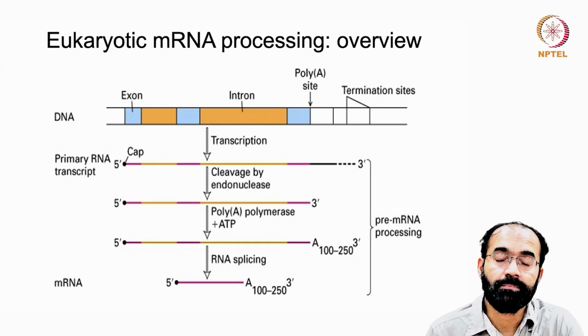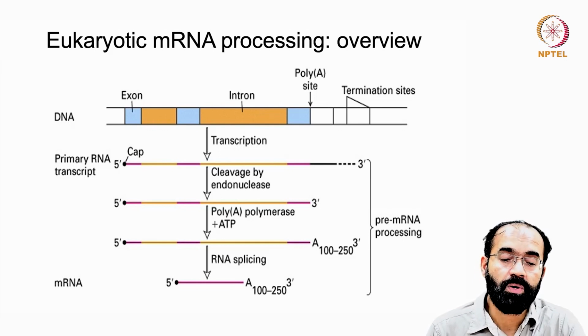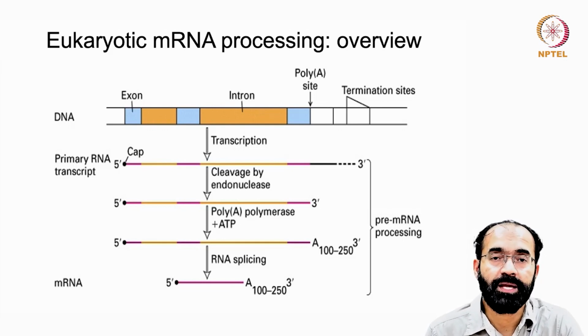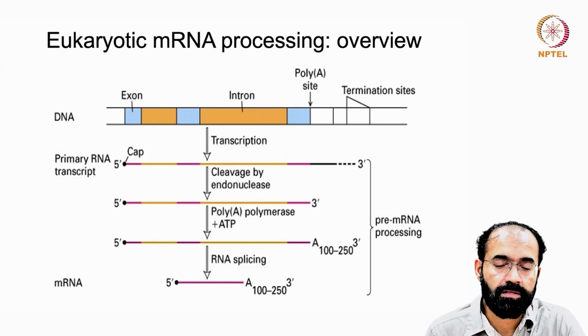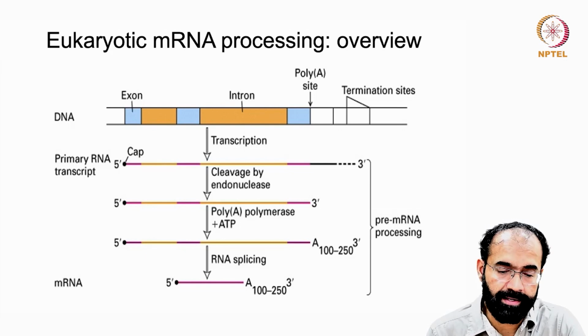Now this RNA will become an attractive candidate for the poly A polymerase enzyme, which makes use of ATP to add, because ATP is the monomer which will be used for adding a stretch of A's. And this can have a length of 100 to 200 or 250, and it varies from RNA to RNA.